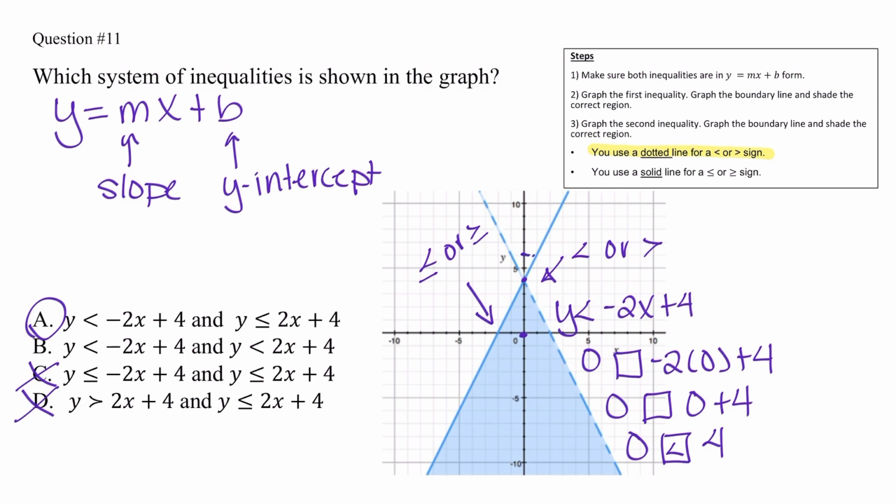Let's make sure the inequality sign is right. Once again, 0, 0 is included. If I plug in 0, 0, I get 0 is less than or equal to 2 times 0 plus 4, which means 0 is less than or equal to 4, which is true. So that's how you figure out that A is the correct answer choice. If you would prefer, you can enter all of these into Desmos and see which one matches the graph if you would like to do it that way.